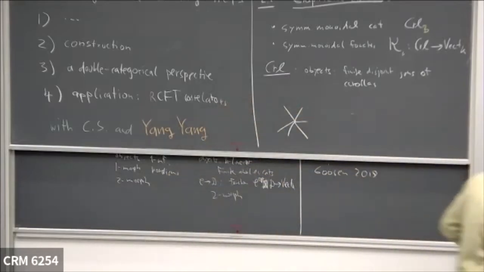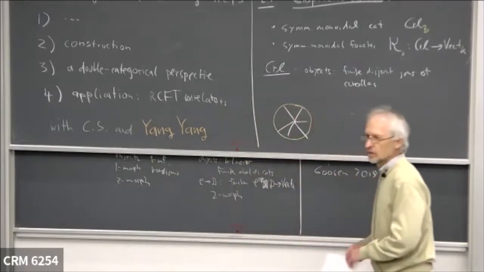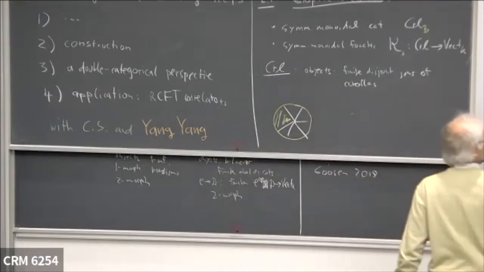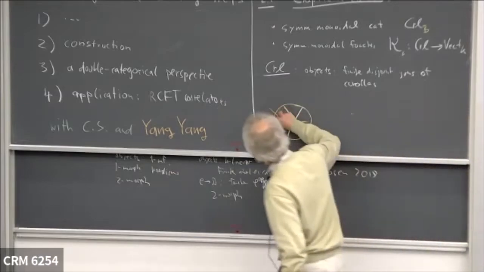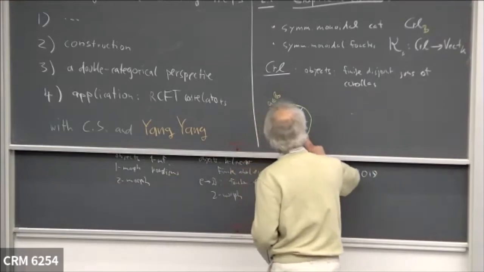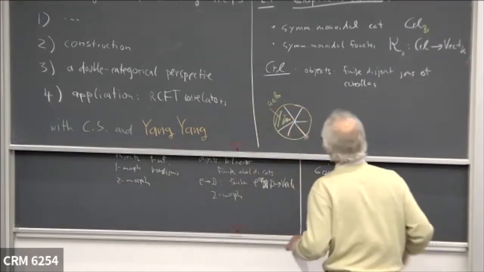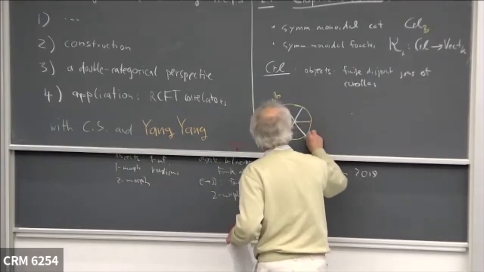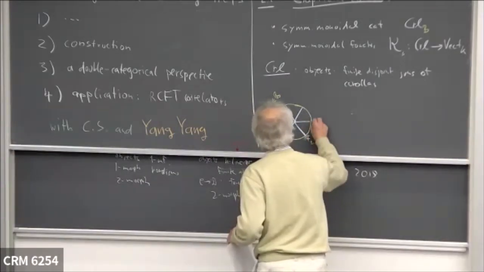But now I want to have two graphs, so I think of a disk containing such a graph. The two sides of the disk are labeled by objects of my bicategory, and the edges are labeled by one morphisms, say F1, F2.